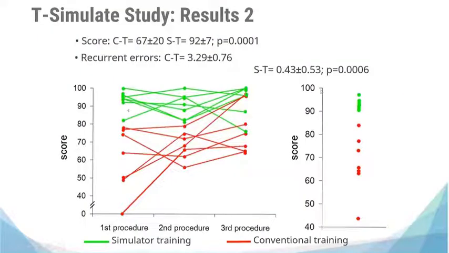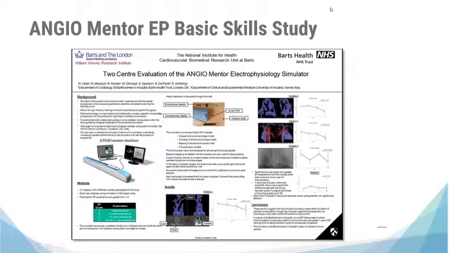And you see here the score in the first, second, and third procedure of people who trained on the simulator was significantly better. The score and the quality of the performance was significantly better as compared to those who trained conventionally. And the reason why is very clear. They avoided a lot of recurrent errors as compared to those who trained conventionally.